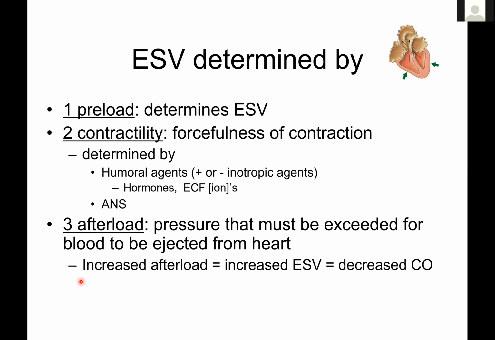So increased afterload increases end systolic volume because the heart can't move as much blood because it has to push harder to get to that pressure at which the semilunar valves open. So afterload puts particular strain on the heart because the heart has to work harder to overcome it.